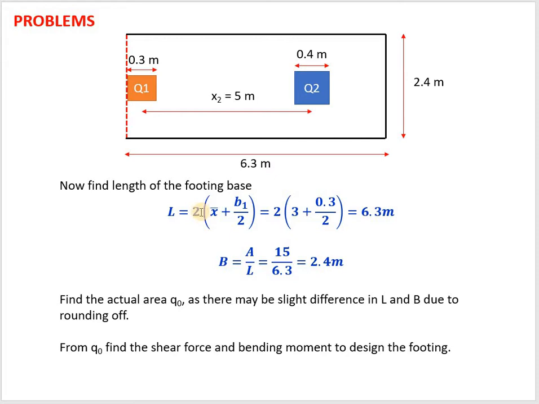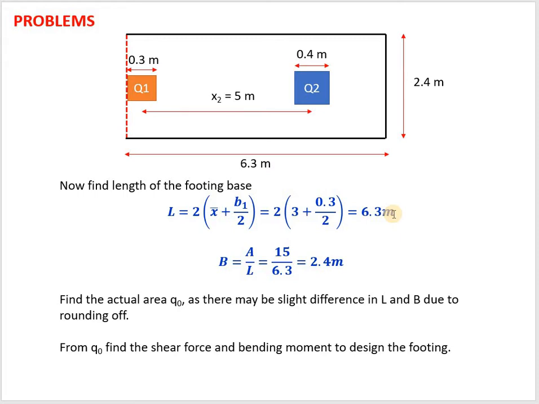In textbooks also they always start from the exterior column if the exterior column is already specified. So this is a standard expression. Length of the footing base is 2 into x bar plus B1 by 2. So B1 here is for Q1, the dimension of the column Q1, that is 0.3. X bar we already found out as 3. So 2 into 3 plus 0.3 by 2, we get the length of the footing as 6.3 meter.